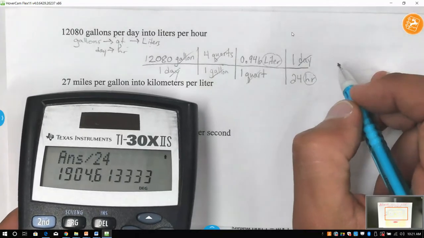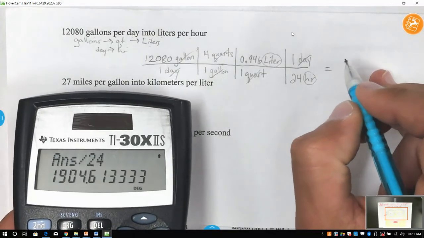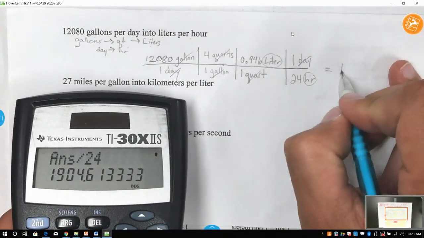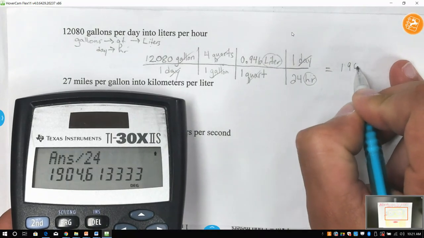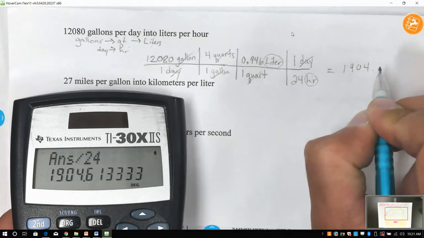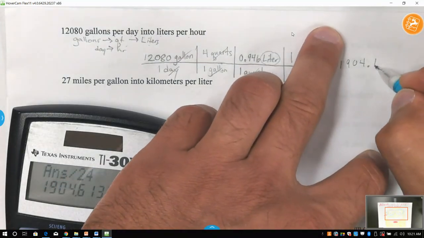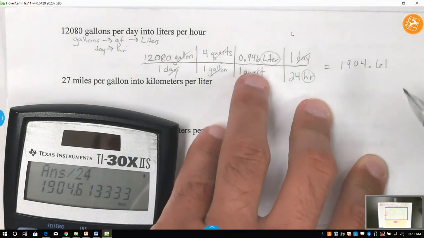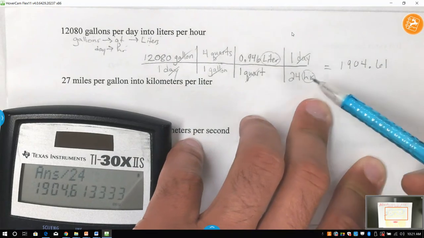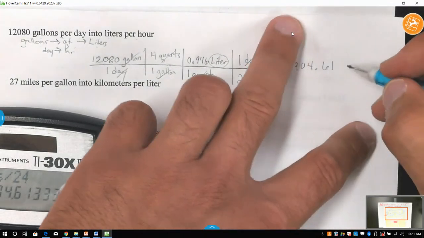And that is going to give us 1,904.61. And the units would be liters per hour.